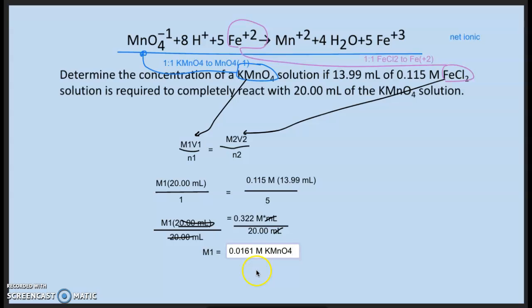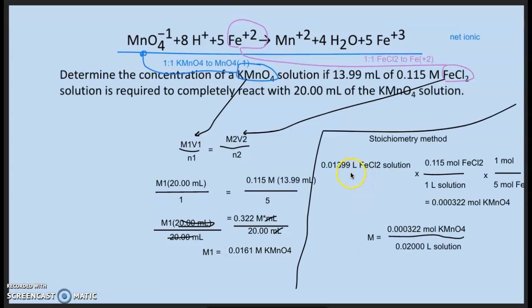Now you could solve this with solution stoichiometry. You could have converted this into moles and then done a conversion to find the number of moles of potassium permanganate and divided it by the 20 milliliters, and you would have gotten a molarity. And in fact, I will show you what that looks like here in the margin. So you could have done it stoichiometrically using this process. You start with your volume of iron chloride.